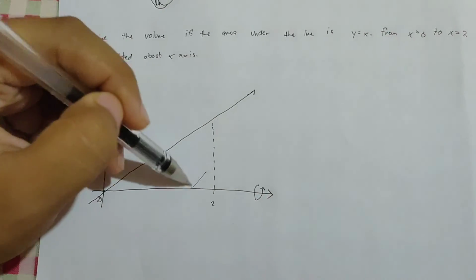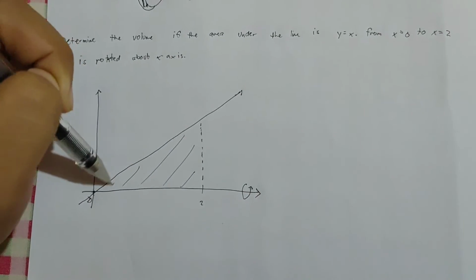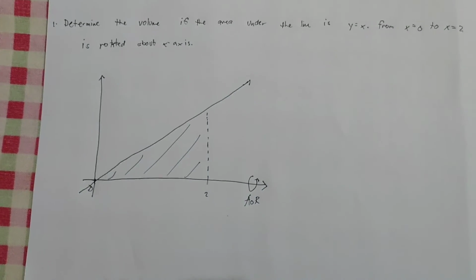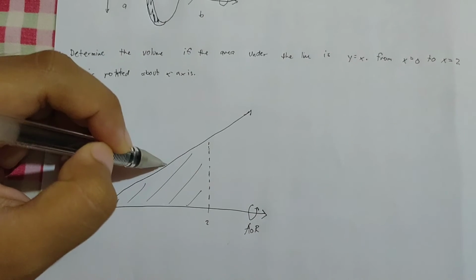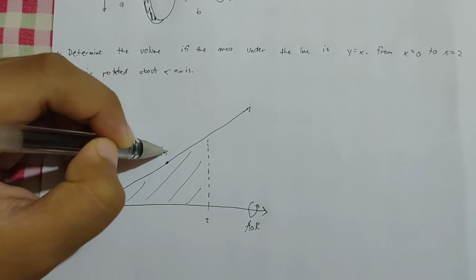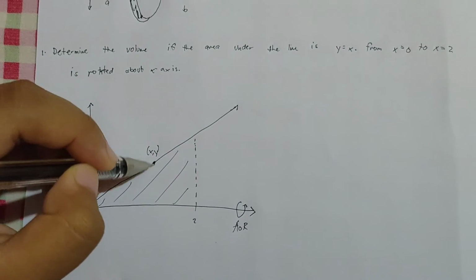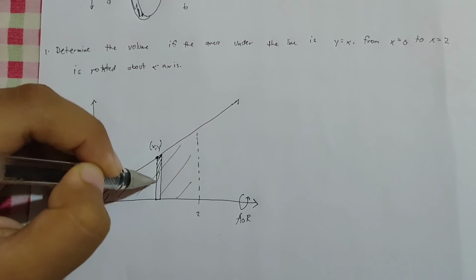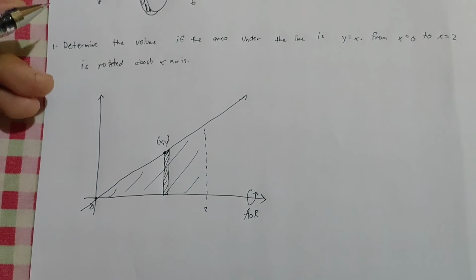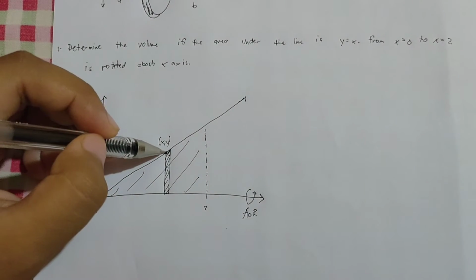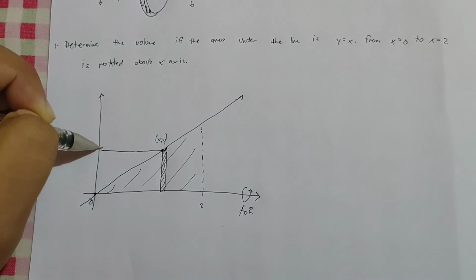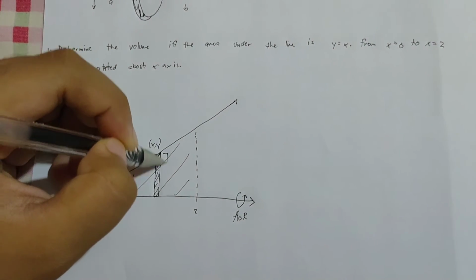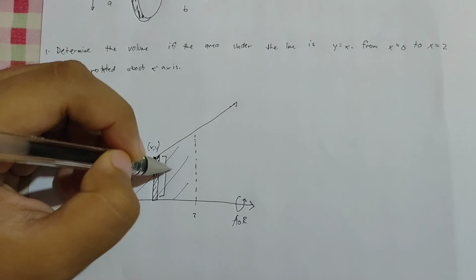And this will be our area of interest. This is our area of rotation. At this point, this will be our x and y. And we will draw here our vertical strip. From this line to the origin is our x, and from here to here will be our y.